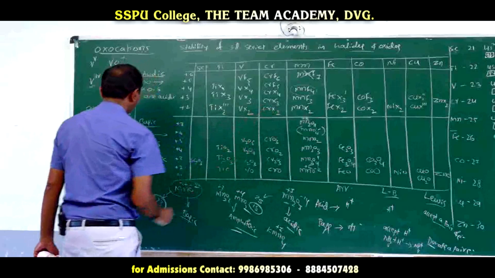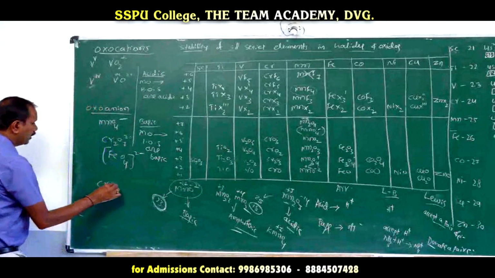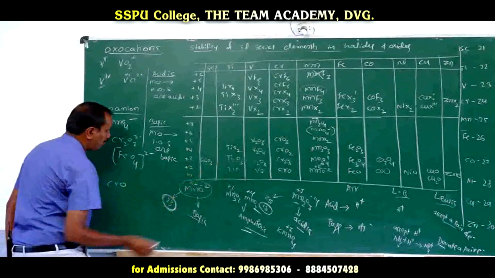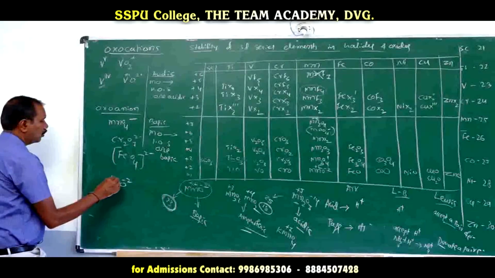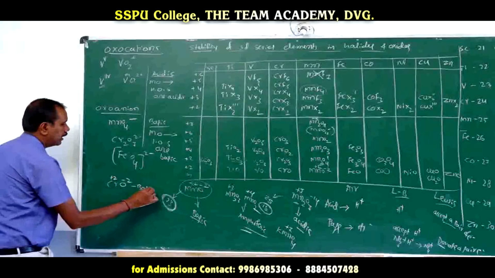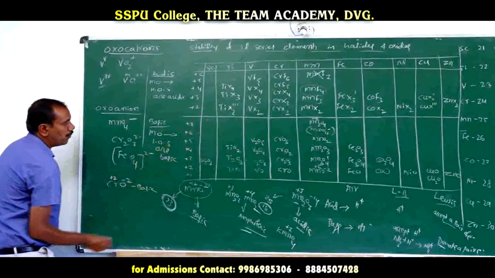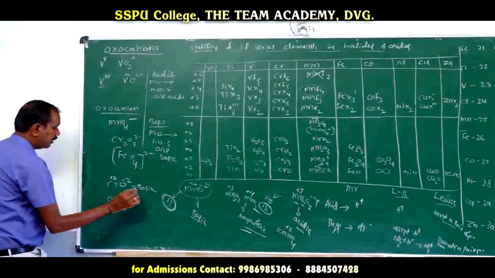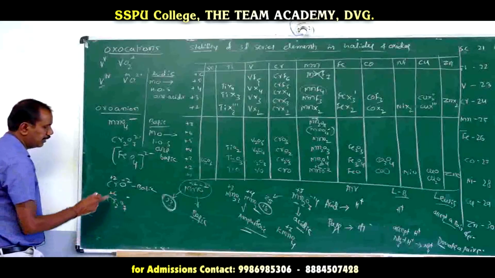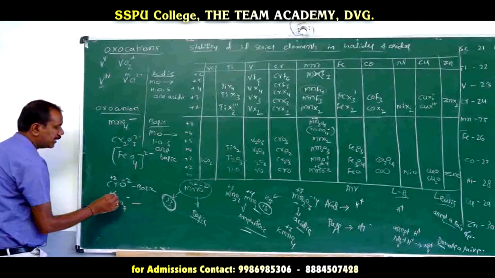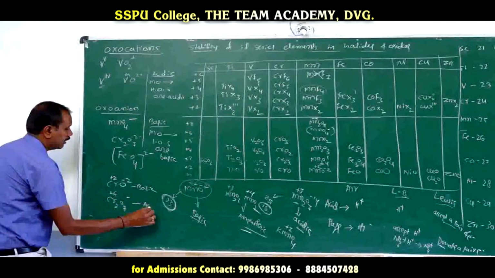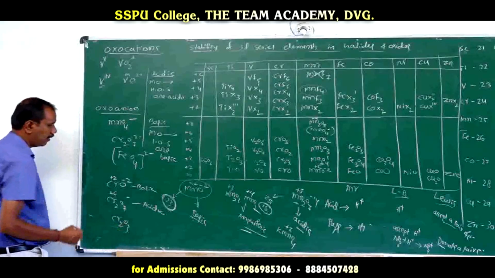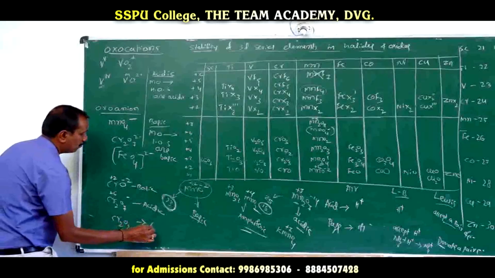In the case of CrO, the oxide form, Cr is +2, it is basic, the lower oxidation state. If you go for Cr2O7 2-, Cr is +6, so it is acidic. Then what about Cr2O3? Cr2O3 is an amphoteric substance.